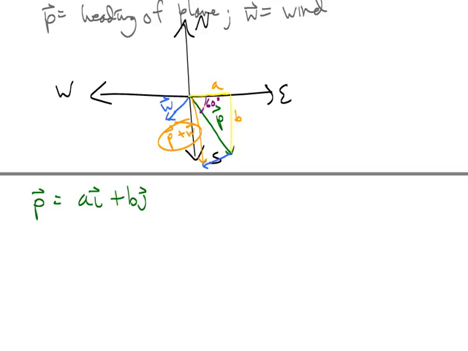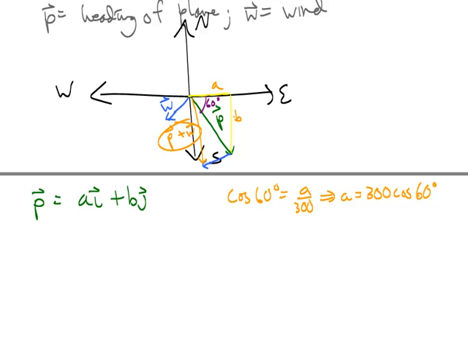Okay, well, I'll use a little trig here. So the cosine of 60 degrees is A over 300, right? So A is equal to 300 cosine 60. Let's just leave it like that for now.